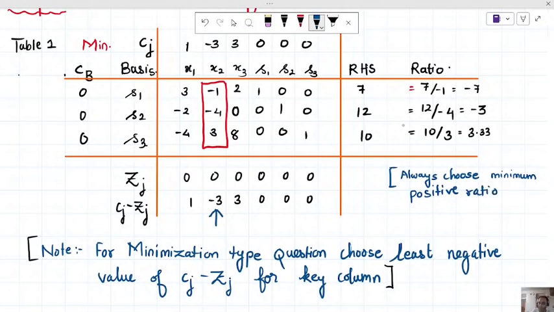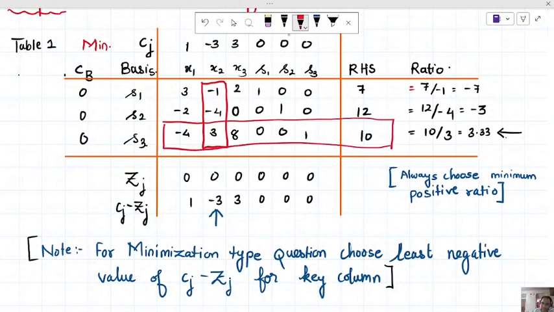No problem in this rule at all. So here we have this row coming into the picture. This is the row where we will get our answer. So this is my key row, and my key element becomes 3.